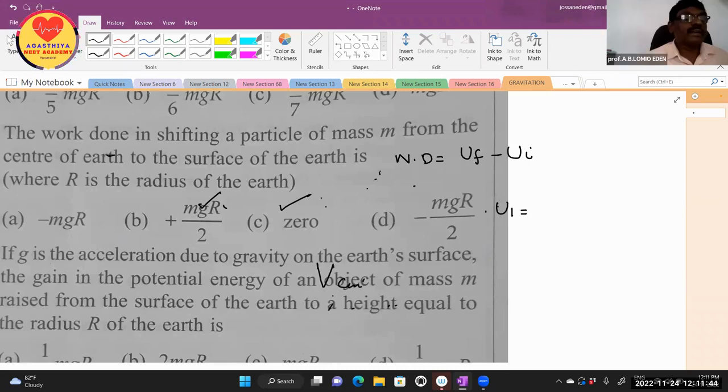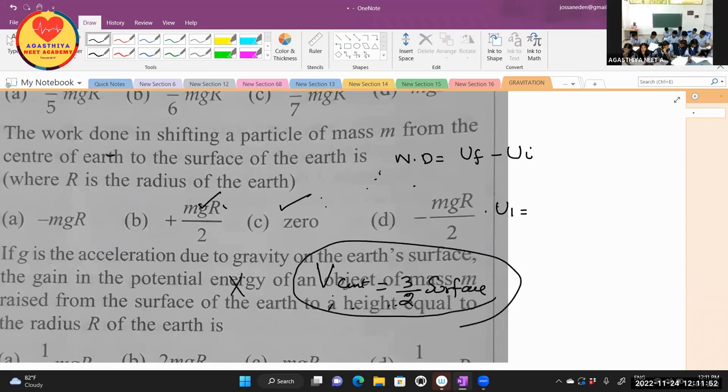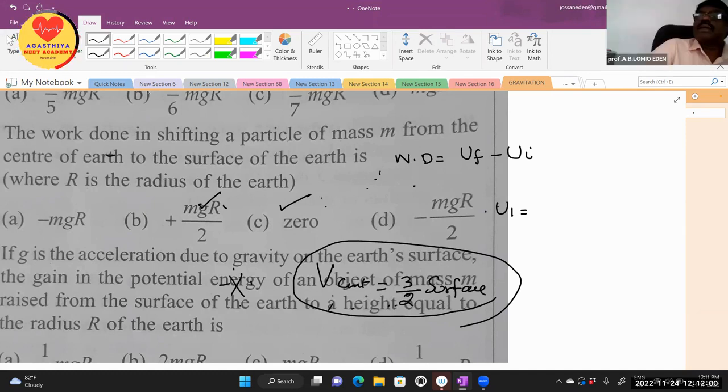V center is equal to 3/2 of V surface, isn't it? The gravitational potential at the center is 3/2 of the gravitational potential at the surface.